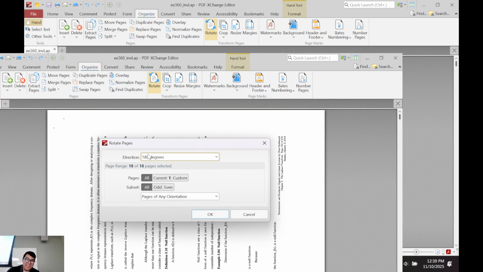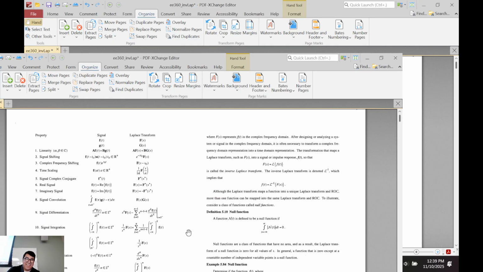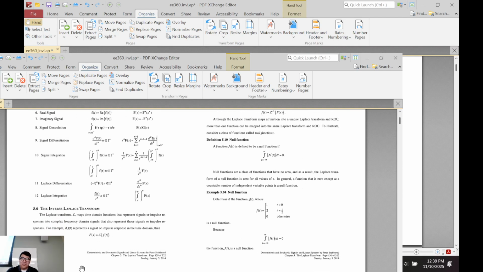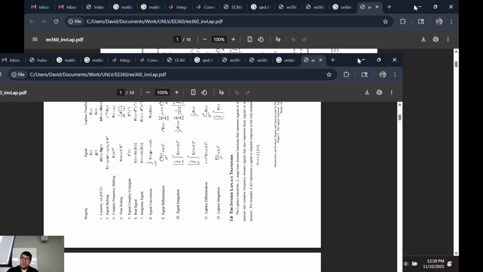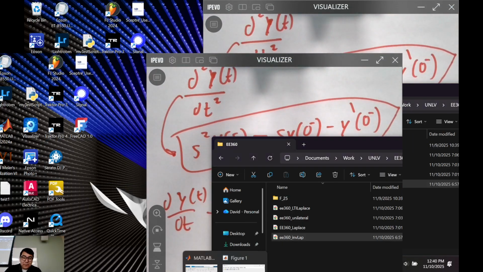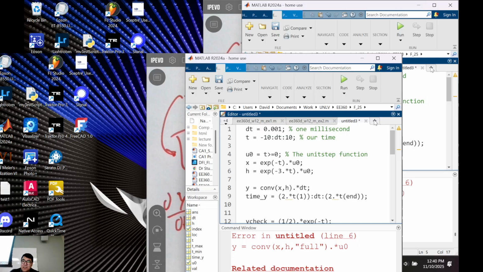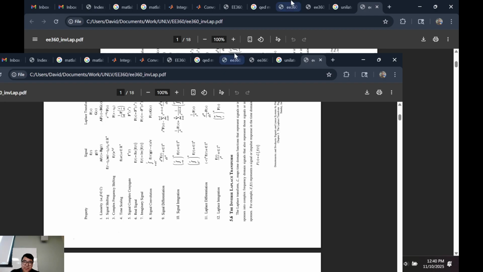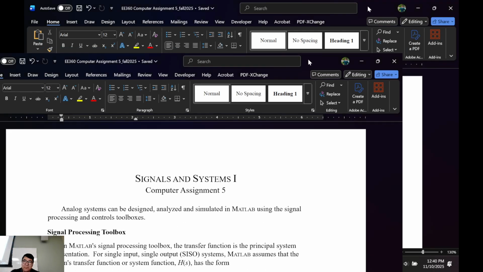Organize, rotate 90 degrees clockwise. Yay, there you go. Inverse Laplace transforms, but I'll go over that next class, okay? But let me see if I can show you guys one thing. I want to show you guys some more MATLAB. Let's see. If I go to plot 4, let's see. MATLAB, boom.